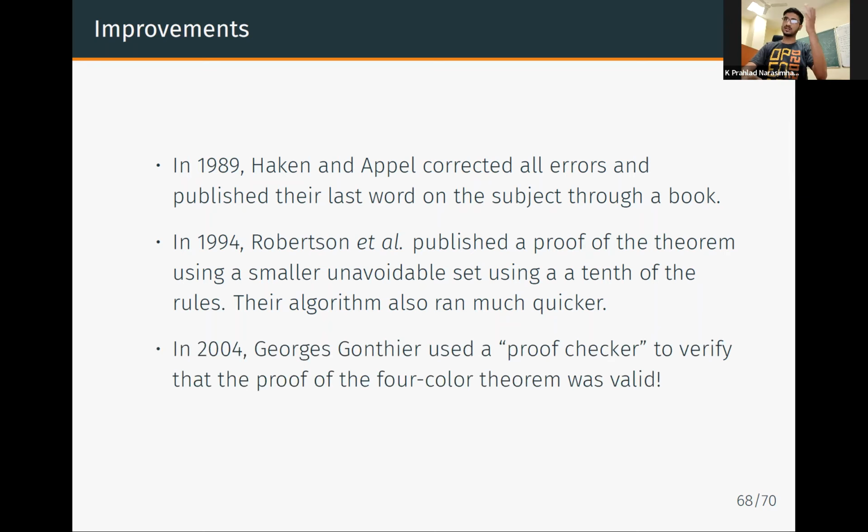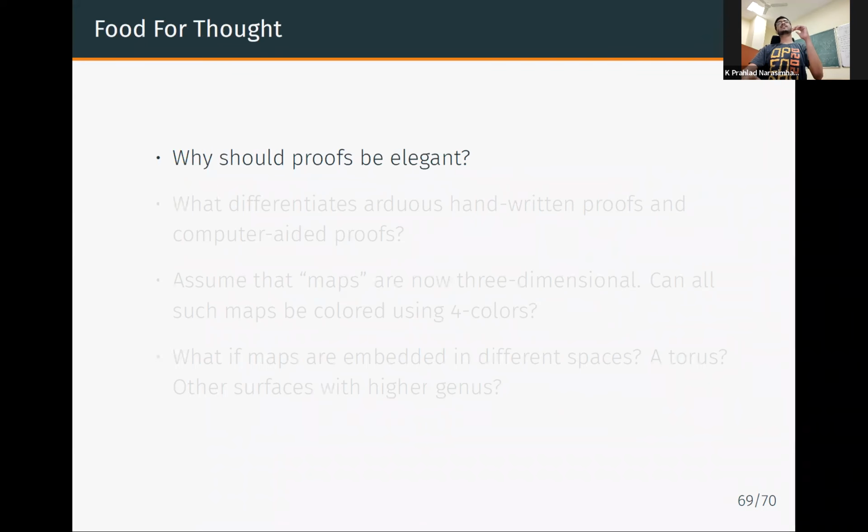In 2004, Gonthier, who is currently, I think, at Microsoft Research, used a proof checker, and I'm not going into too much detail, to prove that the four-color theorem was indeed valid. So, what does this all mean?